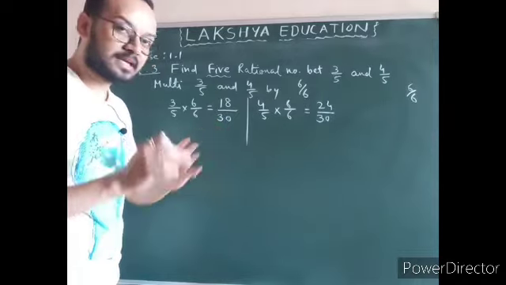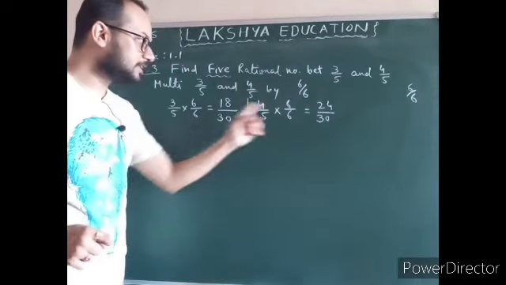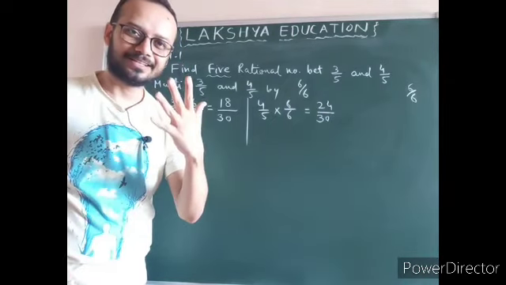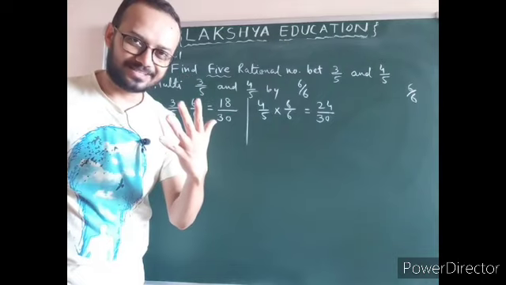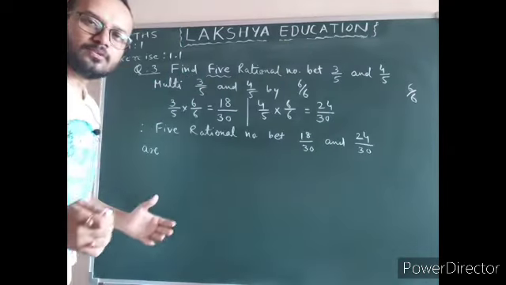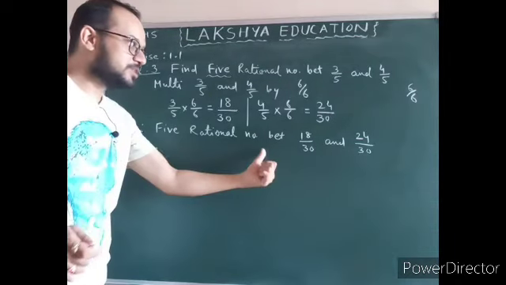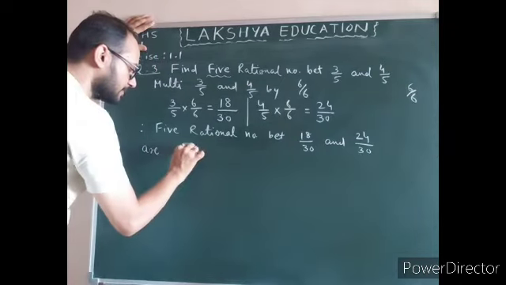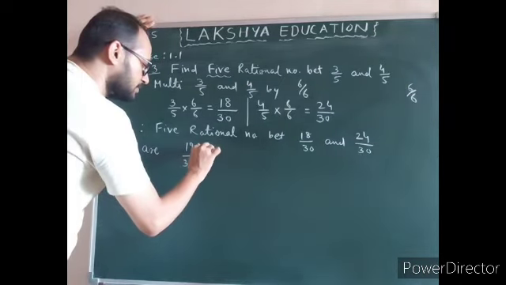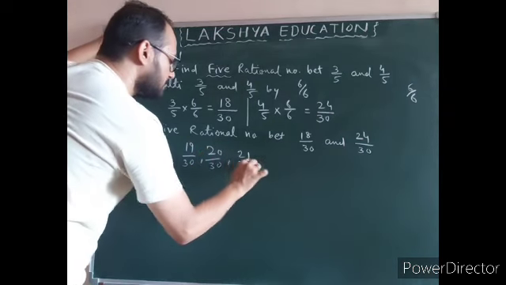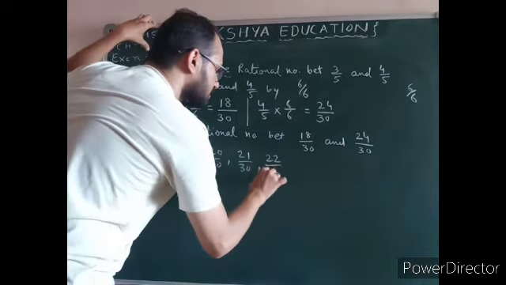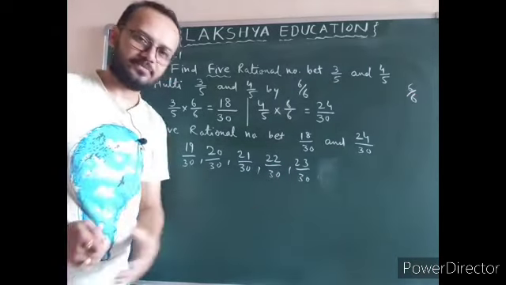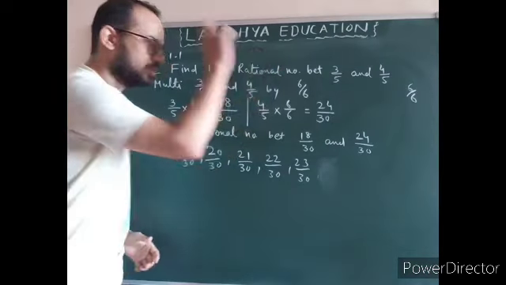Now let us check the gap between the numerator terms. After 18 up to 24: 19, 20, 21, 22, 23. 5 gaps are obtained. So therefore we can write that 5 rational numbers between 18 by 30 and 24 by 30 are, after 18, 19 by 30, 20 by 30, 21 by 30, 22 by 30, 23 by 30. 1, 2, 3, 4, 5 rational numbers between these two numbers.